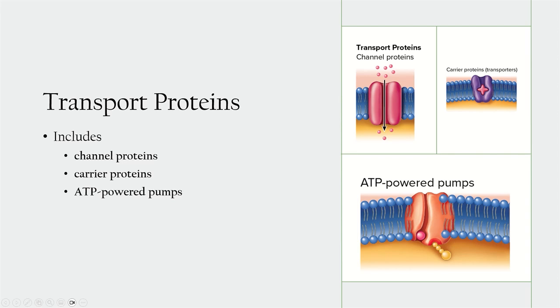It can use ATP, breaking it into ADP to move molecules across the membrane. This is typically used when you're moving a molecule to a place where it doesn't want to go, i.e. against a concentration gradient. That's a big word, and I'm introducing that here and now because it's going to come up in this chapter. So those are the three types of transport molecules there.